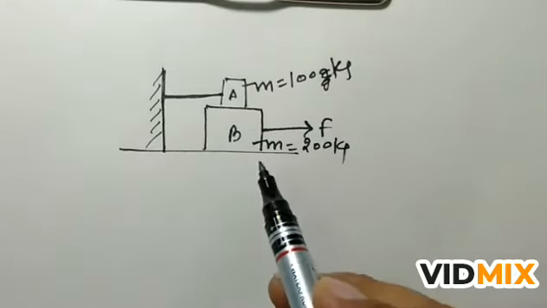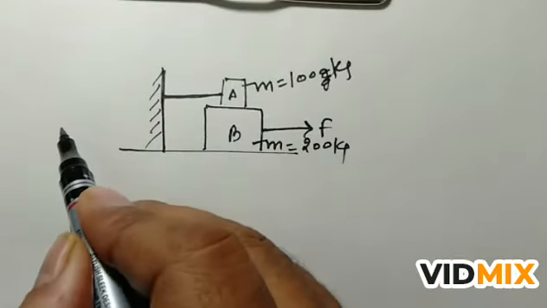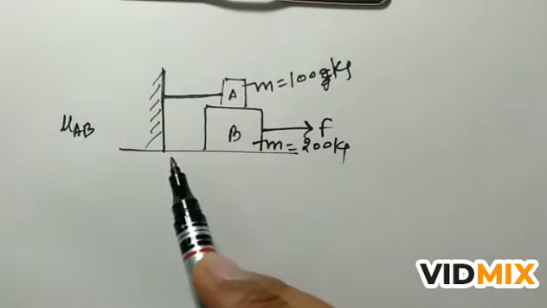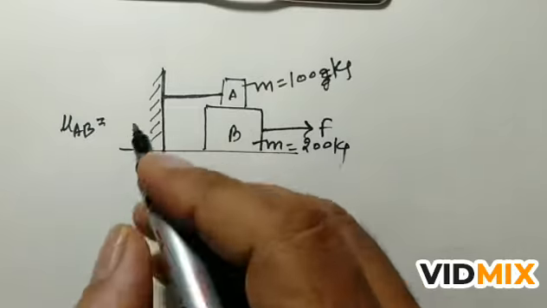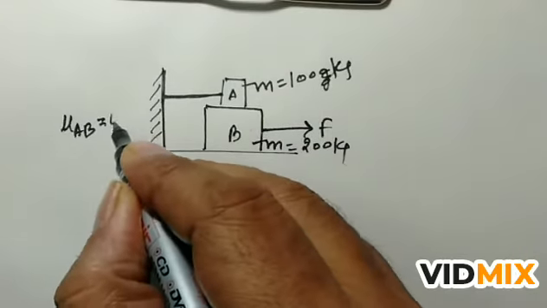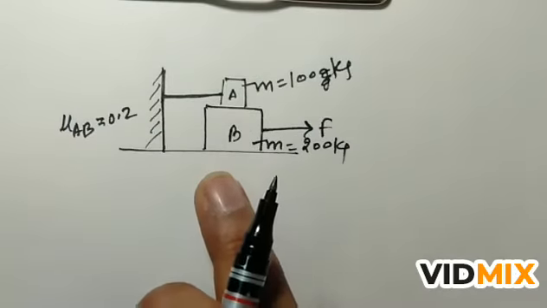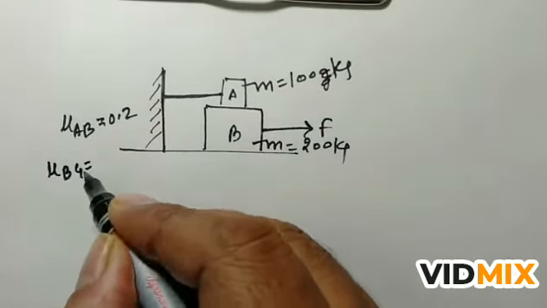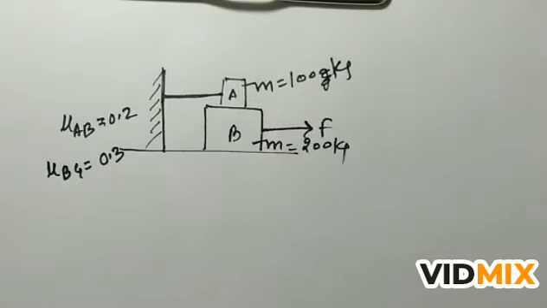Now the coefficient of friction between A and B, if I write mu AB, is given as 0.2, and the coefficient of friction between ground and B, that is mu BG, is 0.3. It is given in the question.